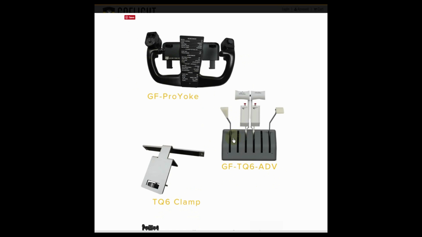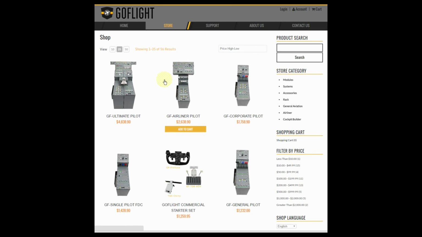If you're going to get the Airliner series, definitely get the yoke, because if you're like me and a diehard 737 guy, that's what you want. And the throttles are the same. By the way, I've flown the 737, and the yoke feels really good, and so do the throttles. The throttles are pretty close as well. Now, we get that.